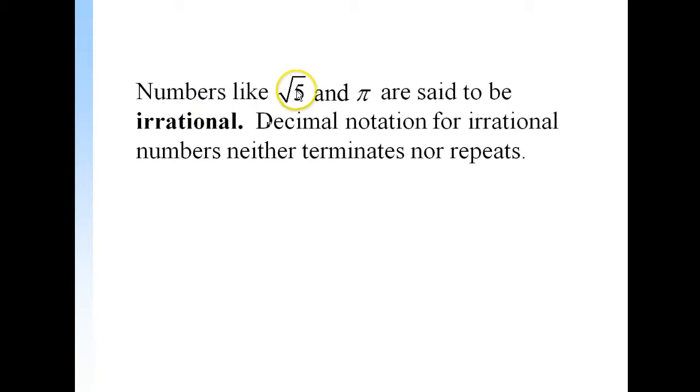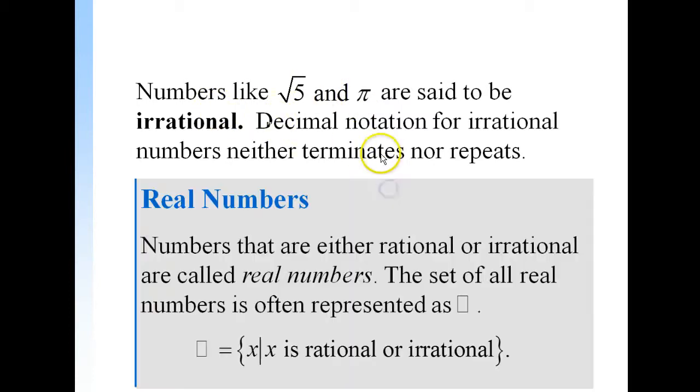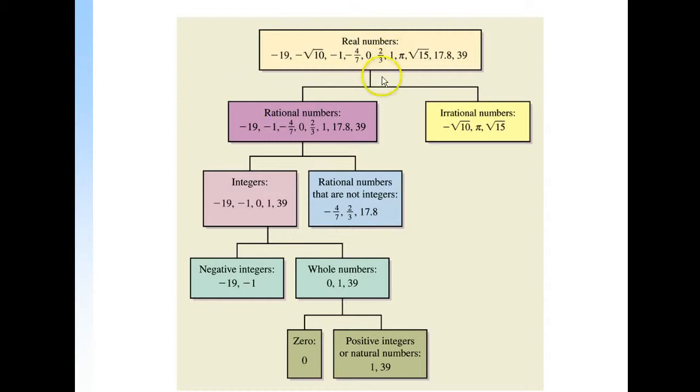The square root of 5, since it's not a perfect square, and pi are typical ones that are irrational. Now, all of the numbers on the number line are real numbers. And here's a little summary of everything. Everything on the number line is a real number. Then some of them are rational. When you convert it to a decimal, it repeats or terminates. Here, it doesn't repeat or terminate. Those are the irrational. And then these are the various sets.